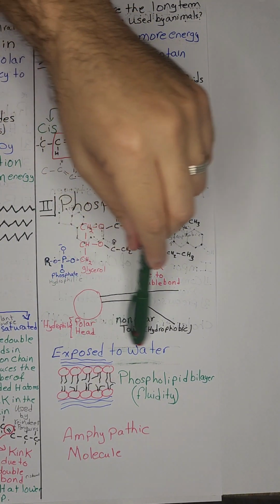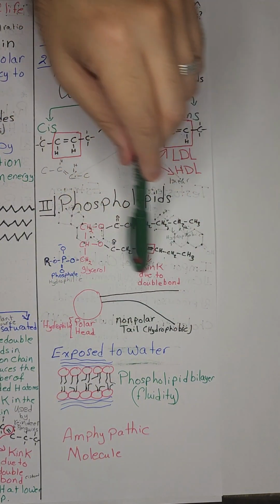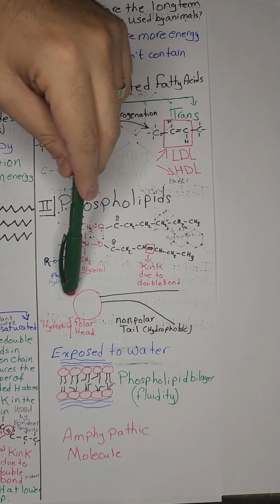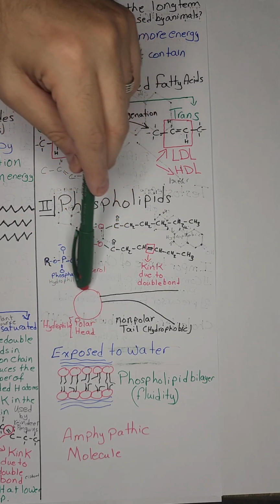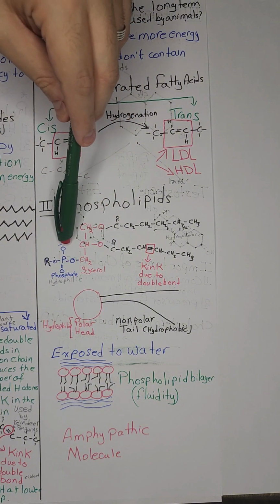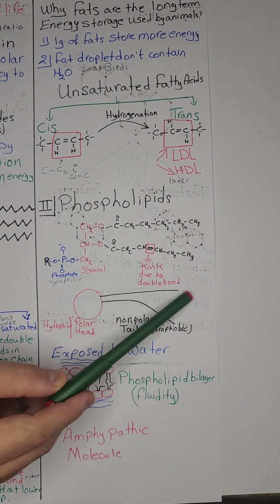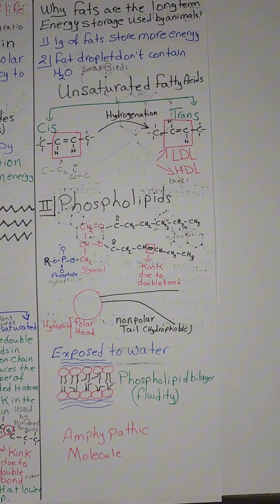So phospholipids have an amphipathic nature. And what do we mean by the word amphipathic? This means that it has a polar head, hydrophilic, thanks to the presence of the negatively charged phosphate group, and non-polar tails, the hydrophobic part. Once phospholipids are exposed to water, they take a bilayer structure.